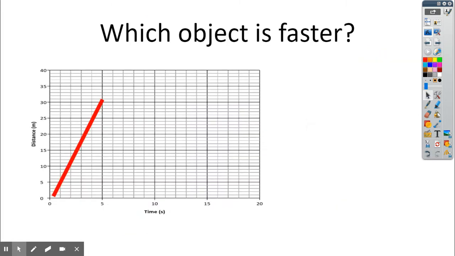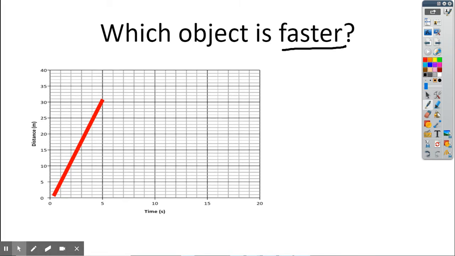All right, so which object is faster? First we need to look at the distance to calculate the speed, because faster means speed. So I'm going to represent that with an S. Our red line, I'll put a red mark over it so we know that's what we're talking about.